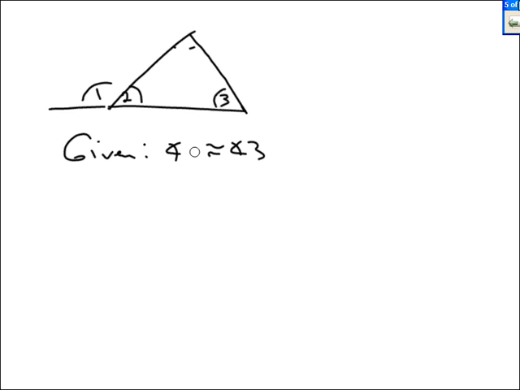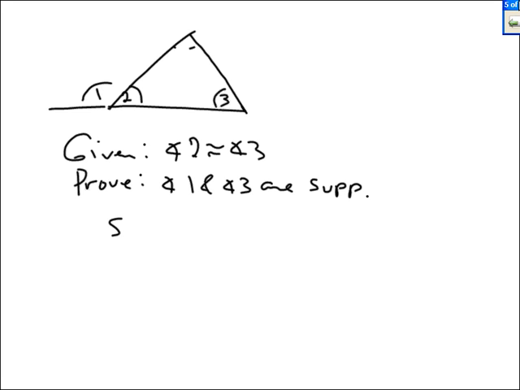All right, so let's change it this way. I'm sorry. Angle 2 and angle 3 are congruent. That's more realistic. And you're being asked to prove that angle 1 and angle 3 are supplementary angles. That is, they add up to 180.